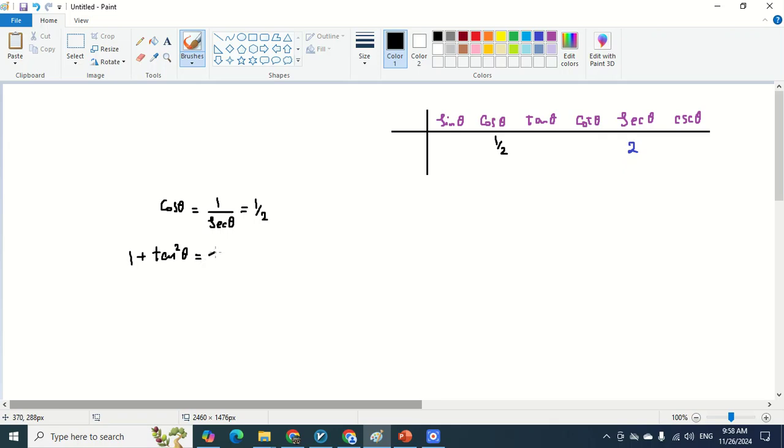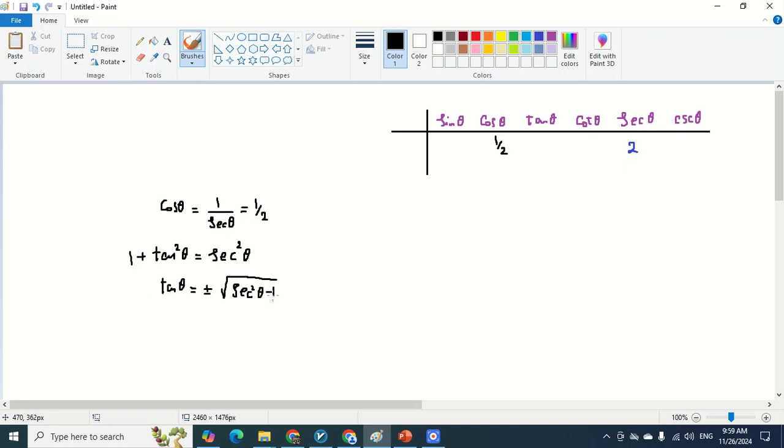So secant square of theta means 2 squared, which is 4, and you can calculate from here that the tangent of theta is equal to plus and minus the square root of secant square of theta minus 1.